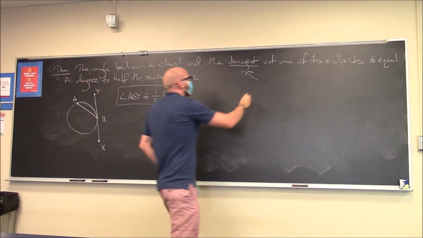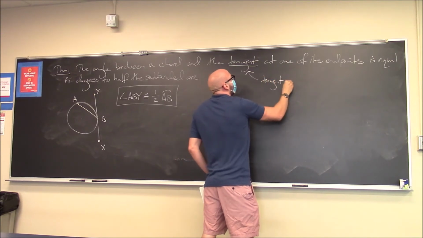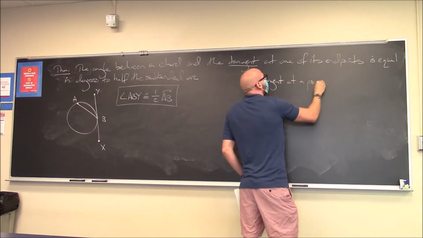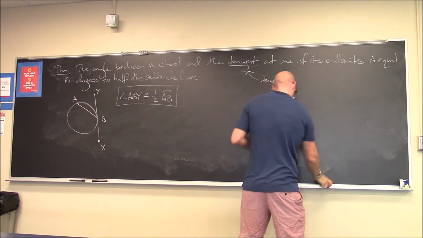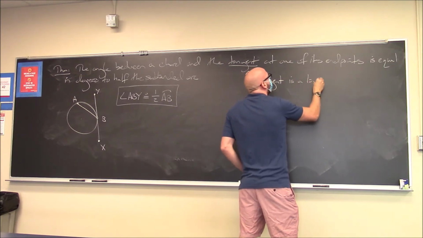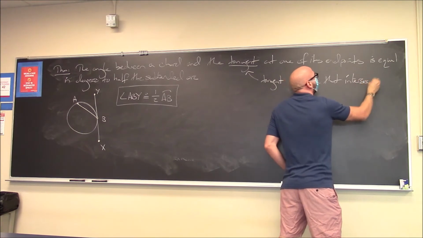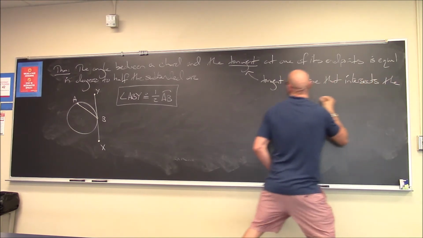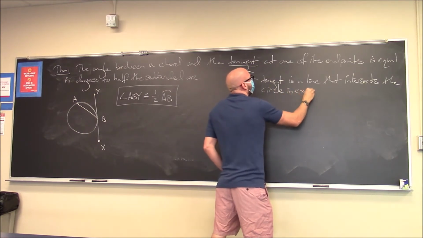So yeah, tangent definition, tangent at a point. Let's redefine this actually. Tangent is a line that intersects the circle in exactly one point.